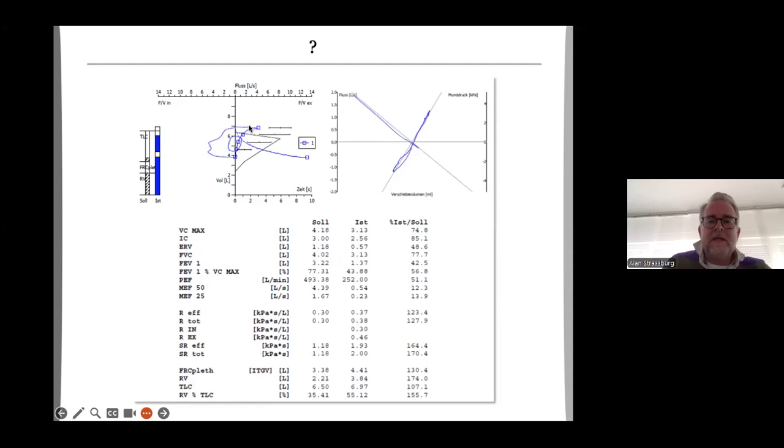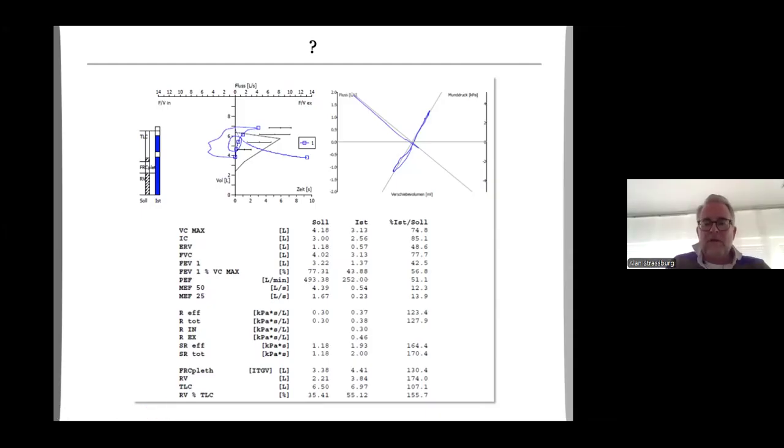Here we can see at the volume curves that the expiration shows one of these emphysema bands I already talked about. That is when the bronchi collapse during expiration. And again, first take a look at the Tiffeneau quotient, which is smaller than 70%, defining the obstructive ventilation disorder.